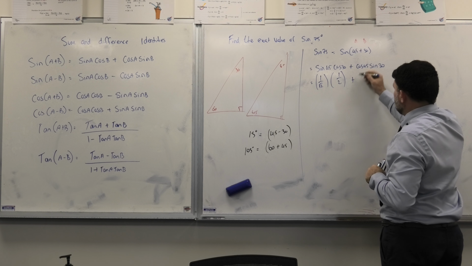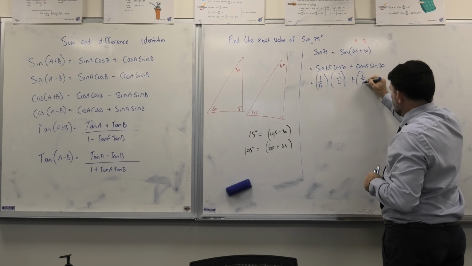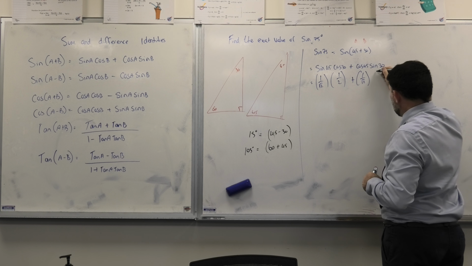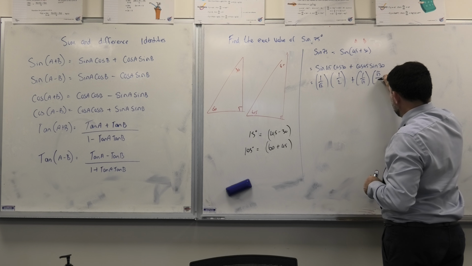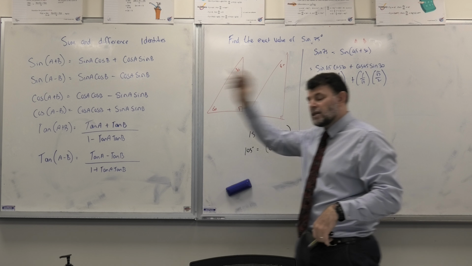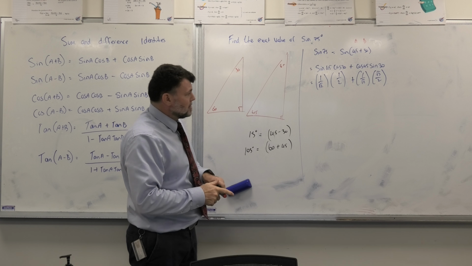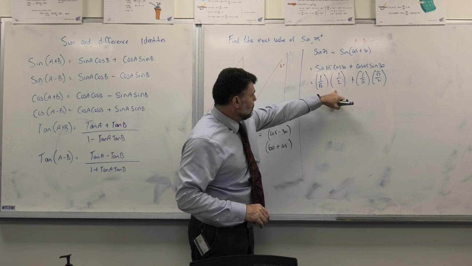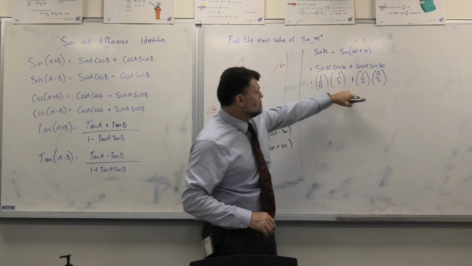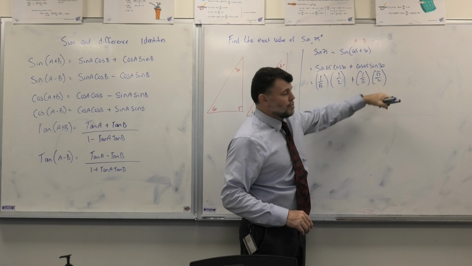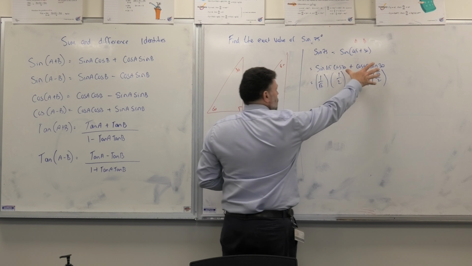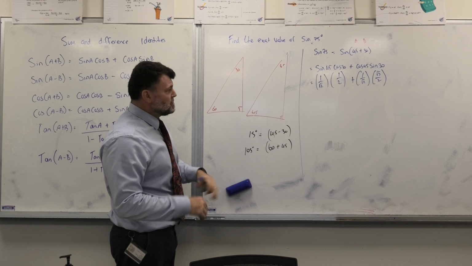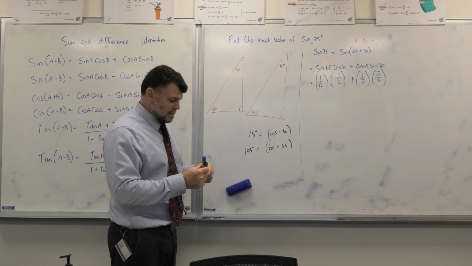So then we have 1 on root 2 times root 3 on 2. Remember, if we go back to what we had a couple of videos ago, when cos equals 1 on 2, sine should equal root 3 on 2. So we've got these pairings here.